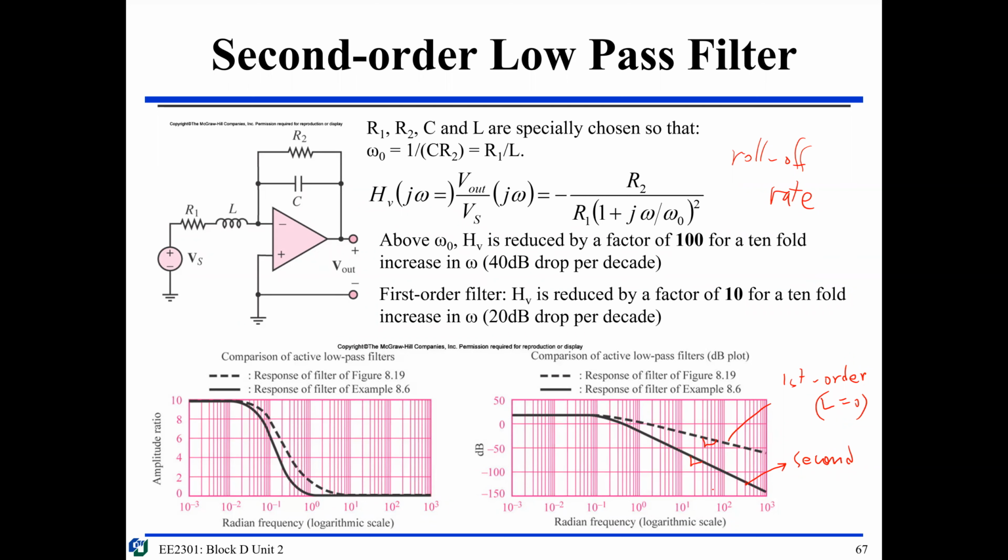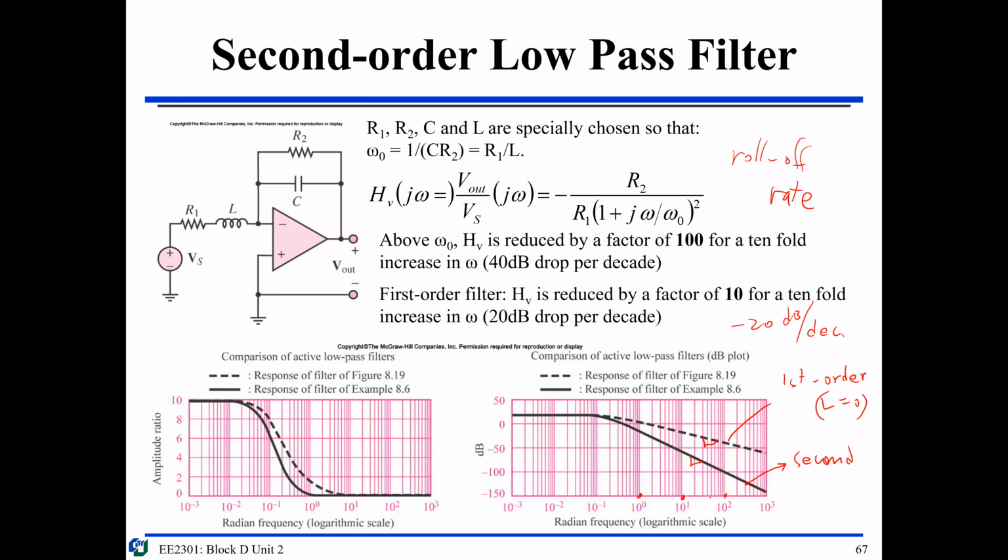Can you see? So basically, as frequency goes up, then it will start to attenuate. It's called roll off. So this roll-off rate is minus 20 dB per decade. A decade from here to here is 1 decade. From here to here, decade is 10 years, right?